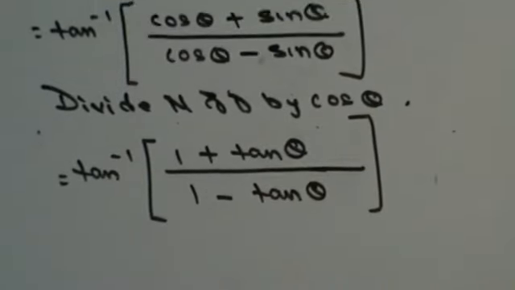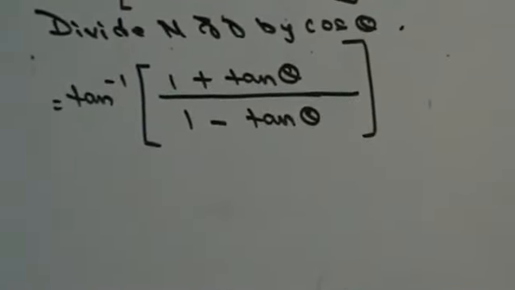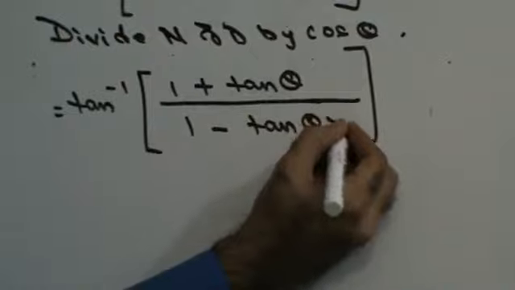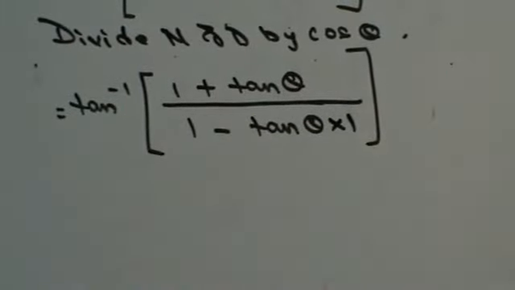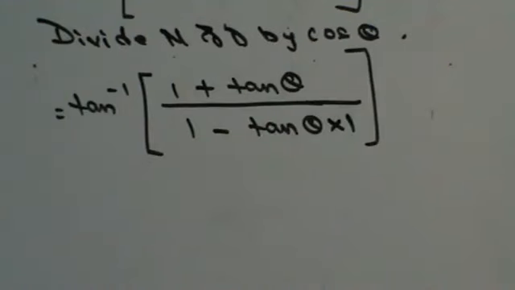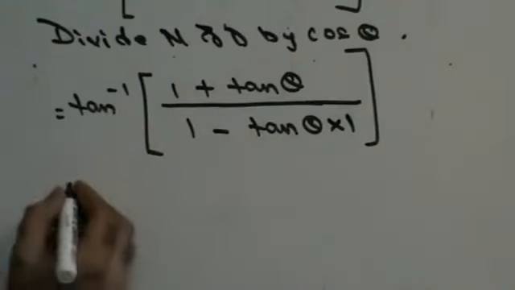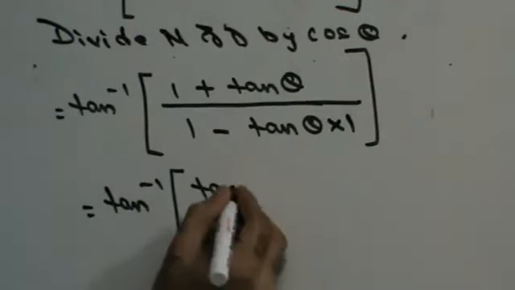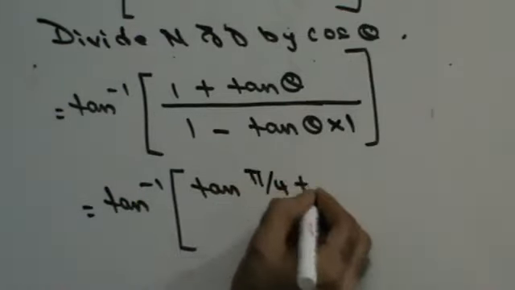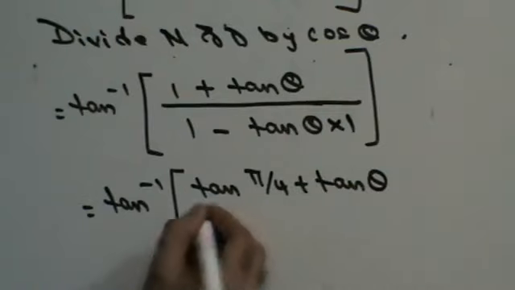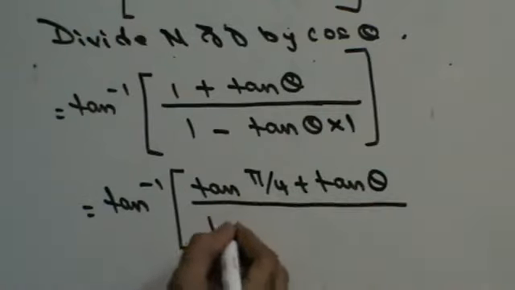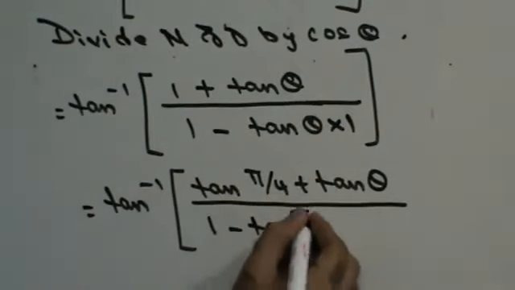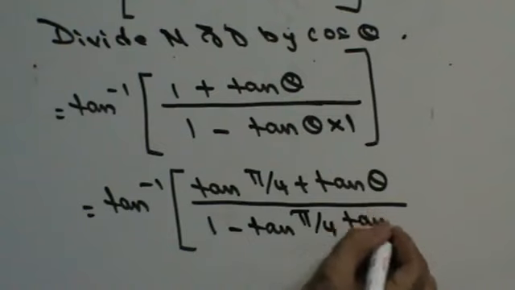Now see this. The tan theta of the denominator can be written as tan theta into 1. Whether I write tan theta or tan theta into 1, it's the same thing. Now, 1 can be written as tan 45, that's tan pi by 4. So I get tan pi by 4 plus tan theta upon 1 minus tan pi by 4 tan theta.